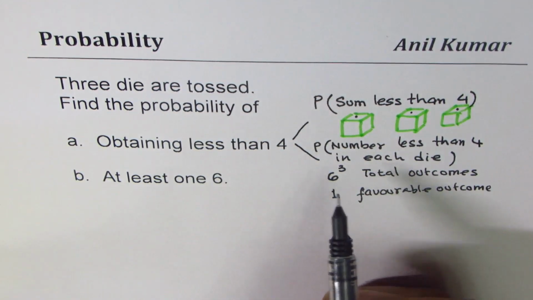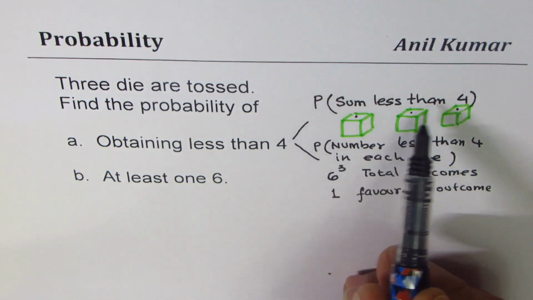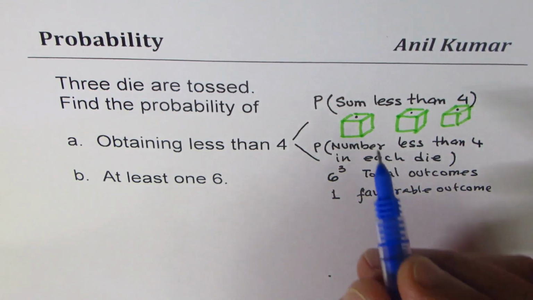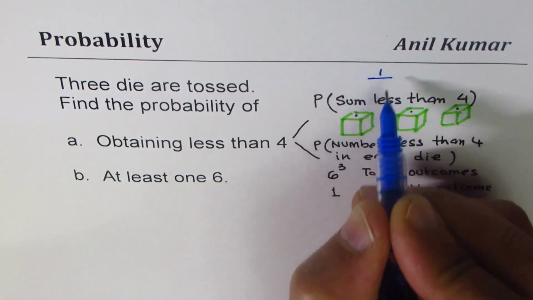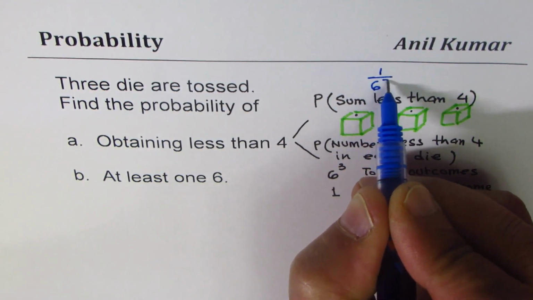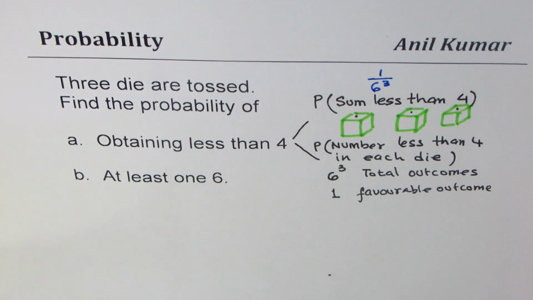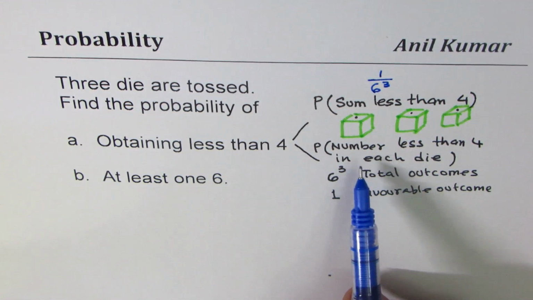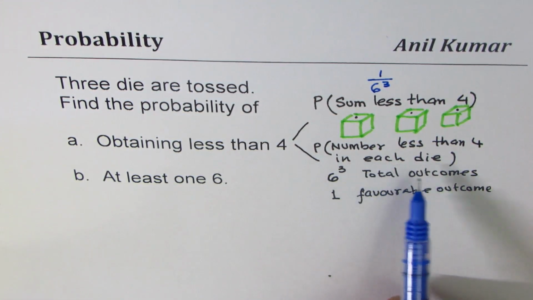And therefore, the probability of getting less than 4 as a sum will be 1 out of 6 cubed. Perfect?